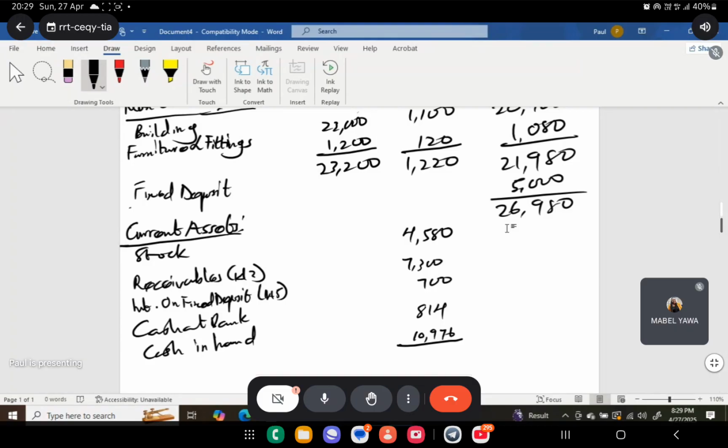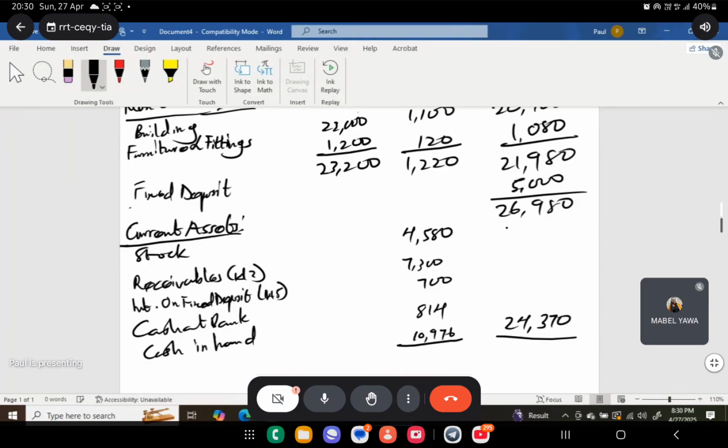So when we add 4,580 plus 7,300 plus 700 plus 814 plus 10,976, and we get 24,370.